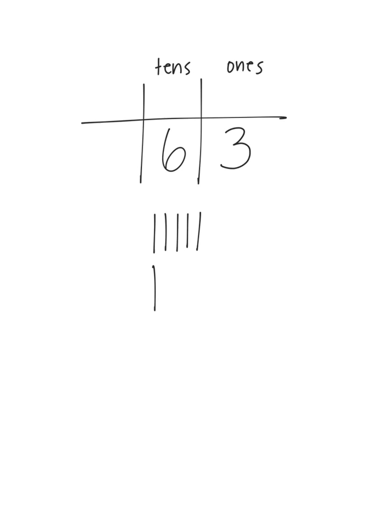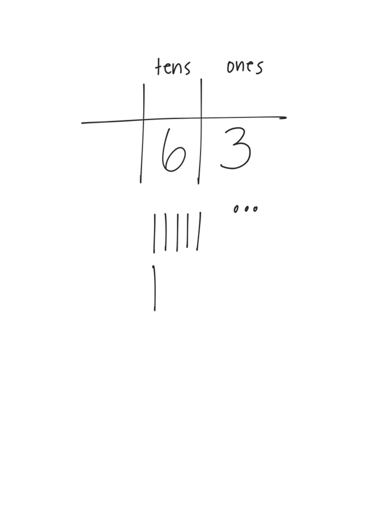So if I had 3 and 6, you would know that is 63, because I have 3 in the ones place and 6 in the tens place. The 6 represents 6 tens, and we draw those by going like that, just a stick. 1, 2, 3, 4, 5, 6, and my ones, 1, 2, 3.